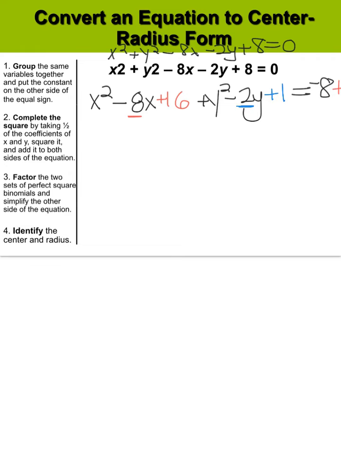Okay, so I have two perfect square trinomials. I can go ahead and factor those as one factor. Factors of 16 that add up to negative 8 is (x - 4)², plus factors of 1 that add up to negative 2 is (y - 1)², is equal to the sum of negative 8, 16, and 1, which is 9.